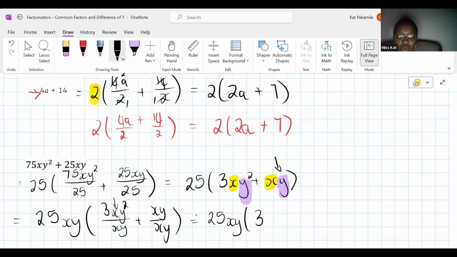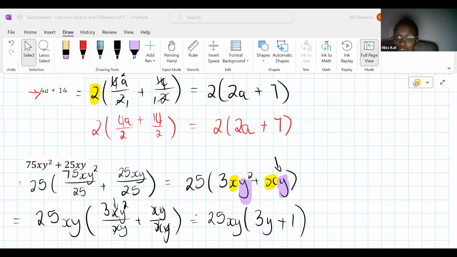Remember, the squared is for the y, not the x. Oh yes, ma'am. So we'll cancel out the x's since the exponents are the same, and then it will be 3y. Thank you. And then the second part? Both of them cancel out each other. So what's left? That would be 1. Beautiful. Brilliant. Thank you very much for helping me.